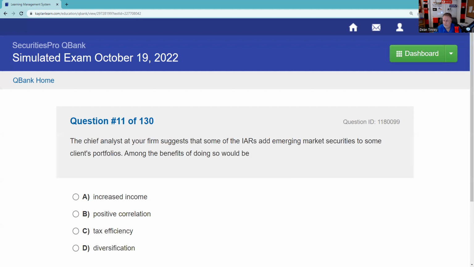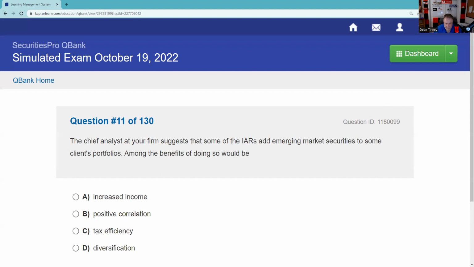The chief analyst at your firm suggests that some of the investment advisor representatives, I always like to spell out the acronym. So every time I hear the word investment advisor rep, I'm going to say, ooh, that's me, right? And that's what you're trying to get to some client's portfolio.